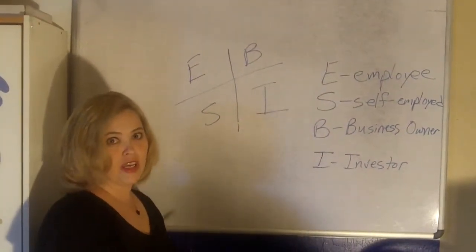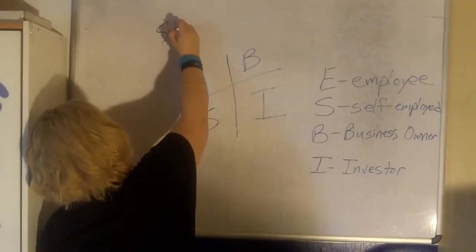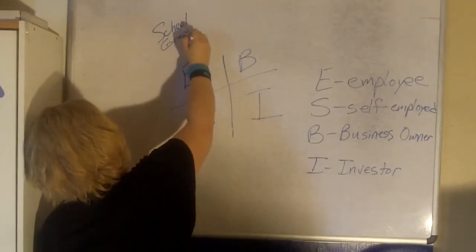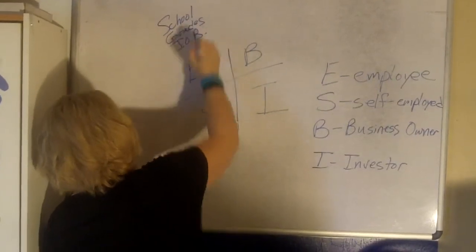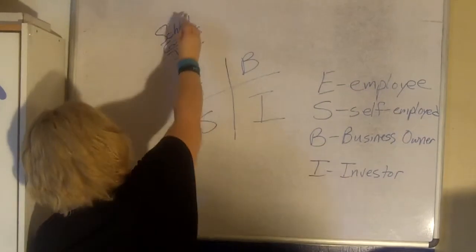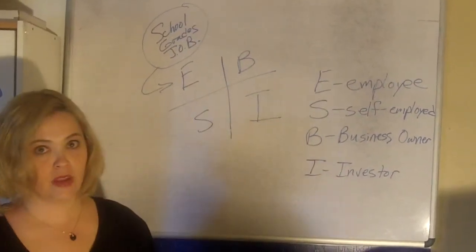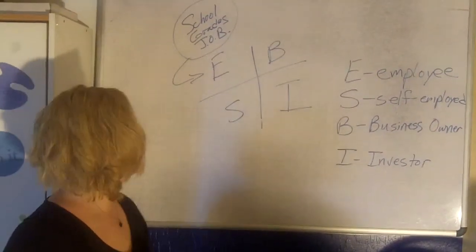Now, what does our public education teach us to do? Our public education teaches us to go to school, get good grades, and get a job, or for most people, just over broke, but get a job. Our school system teaches us to become employees. Okay, in case you haven't noticed, in the job market today, the jobs are scarce.